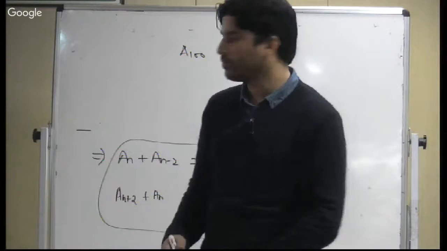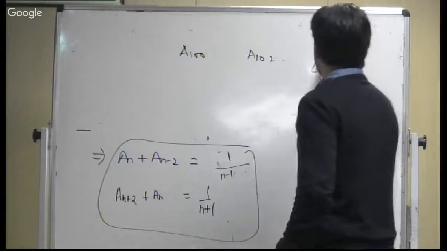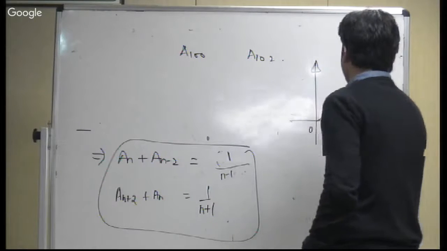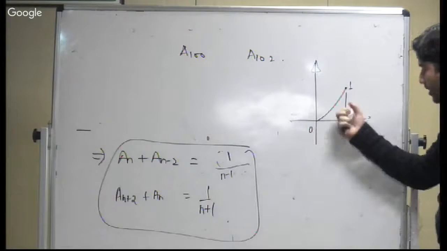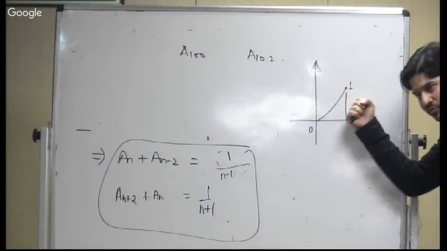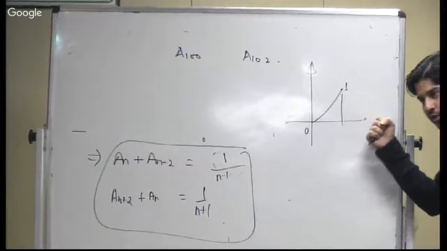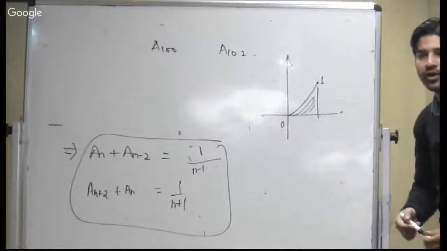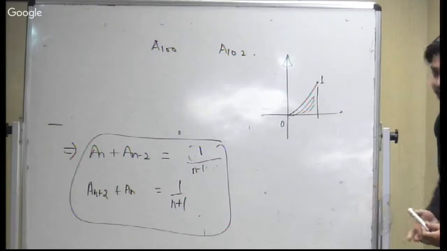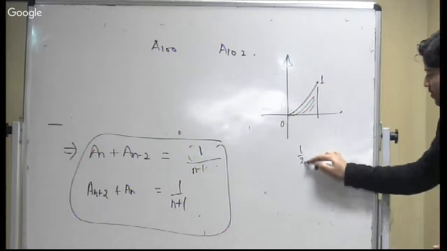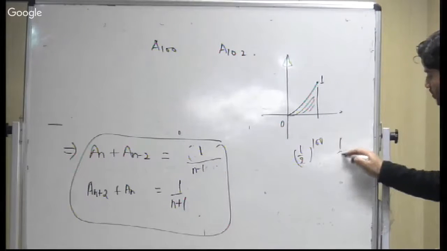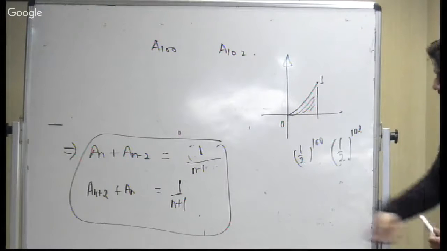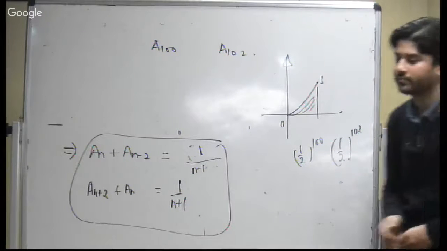Why? Because tan x goes up to 1, tan x square pulls it down, tan x cube pulls it further down, and it will keep pulling down. So if I say half to the power 100 or half to the power 102, which is going to be greater?